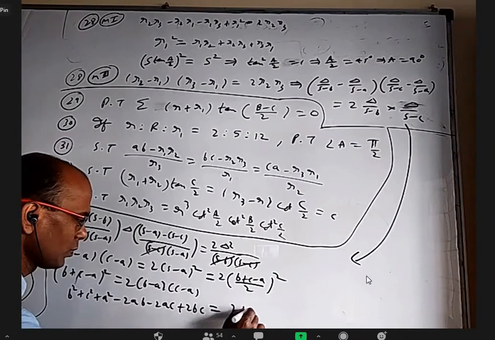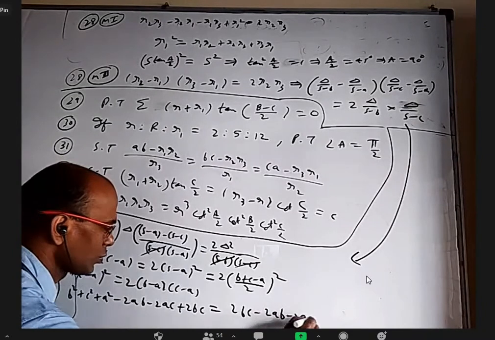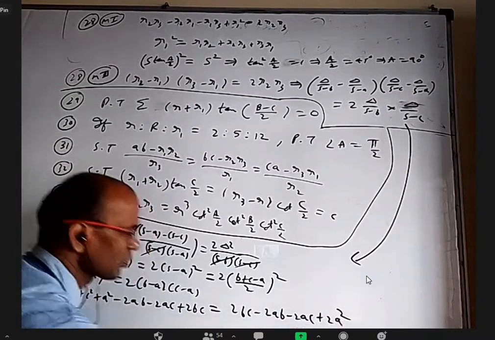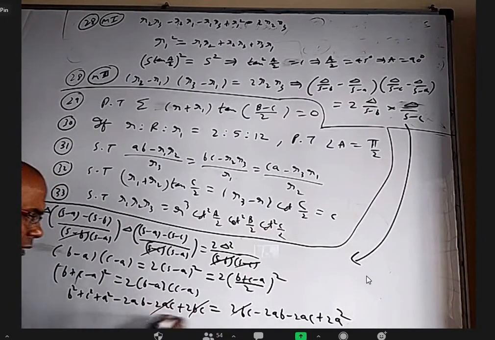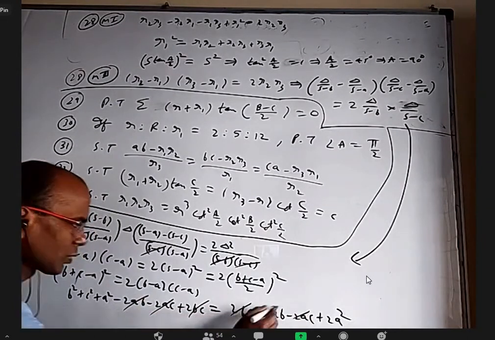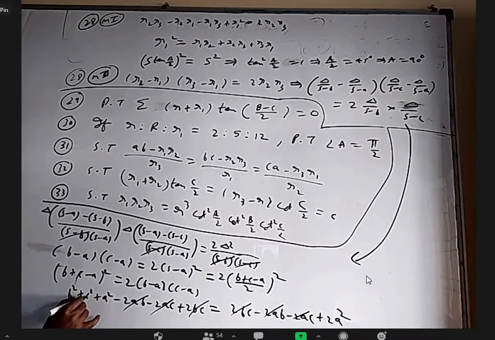Here plus 2BC minus 2AB minus 2AC plus 2A square. 2BC will cancel, minus 2AC will cancel, minus 2AB will cancel. 1 A square I can send that side. I will get B square plus C square equal to A square.